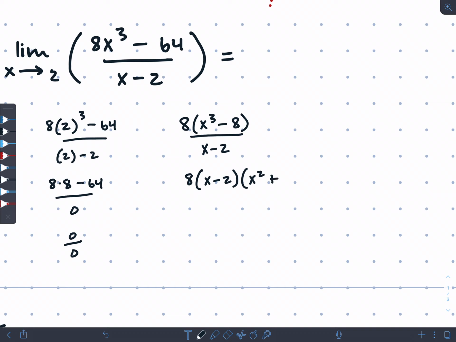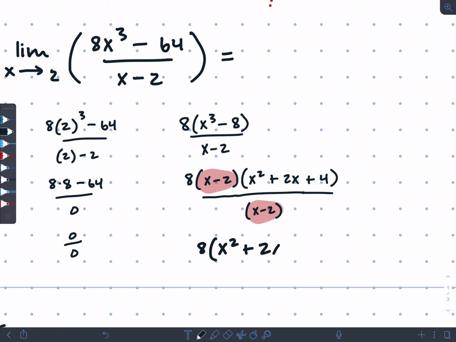plus 2x plus 4 all over x minus 2. Here are my common factors, and I'm left with 8 times x squared plus 2x plus 4.